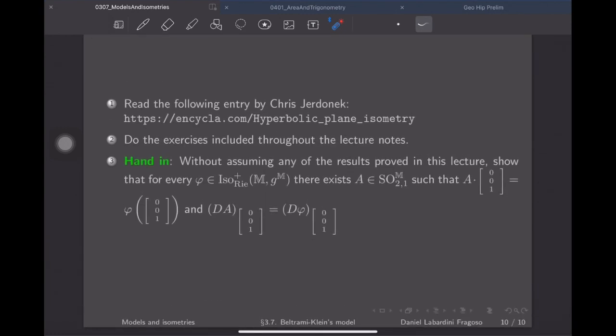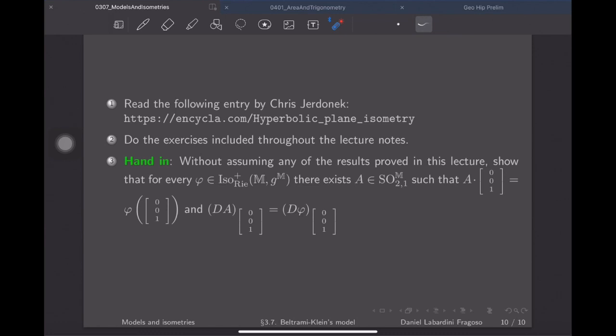Without assuming that we have proved any of the results of today, show that for any orientation preserving Riemannian isometry, there is one matrix realizing the behavior of phi at this point and its infinitesimal behavior as well. So prove that key point.